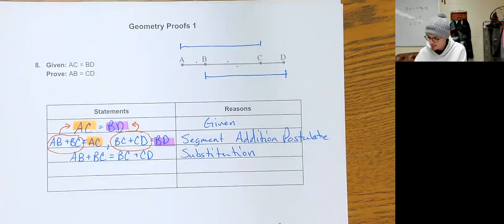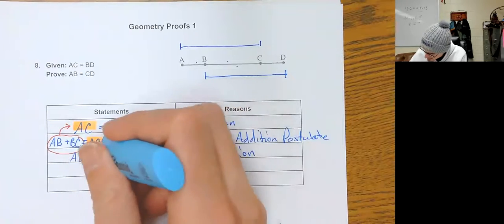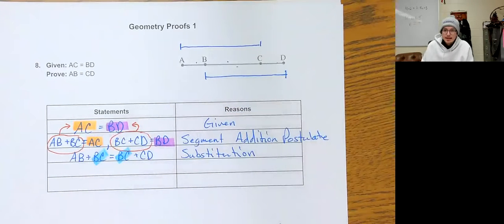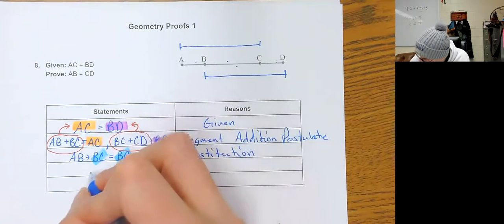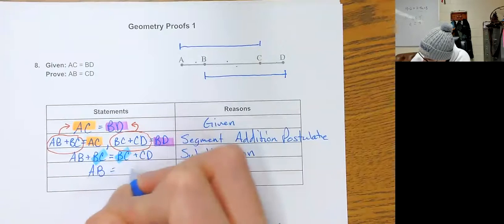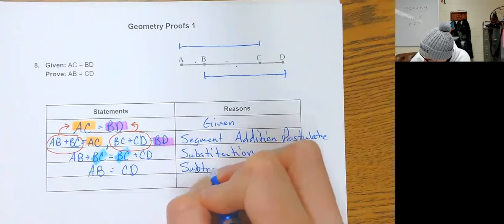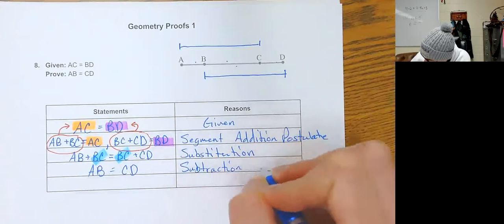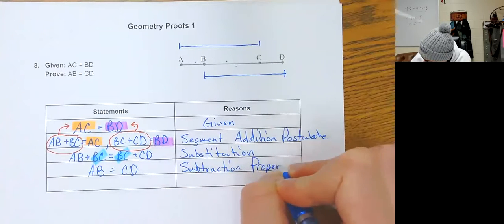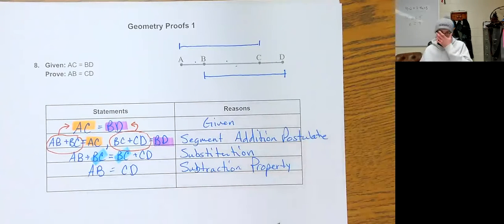Okay, well, isn't that the same thing on both sides? So let's just subtract it like we would subtract off a 2 from both sides. Let's subtract that off from both sides and get AB equals CD, subtraction property.